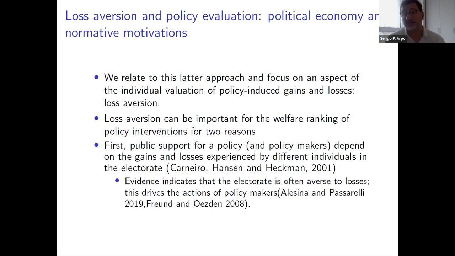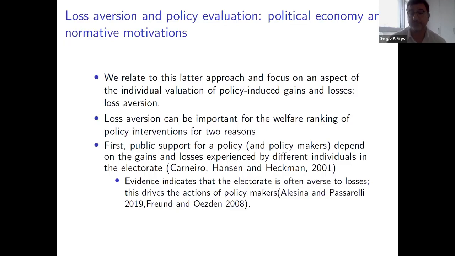And yes, it could be, right? We can construct a social welfare or social value function, as you call it, that is based on the principle that the policymaker, or social planner, has on how individuals value gains and losses.